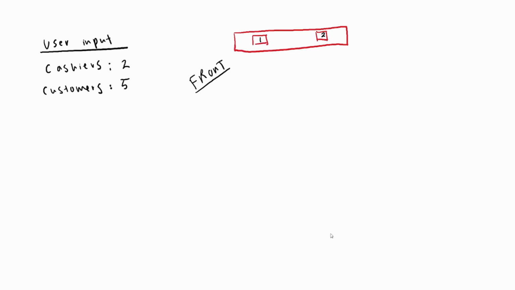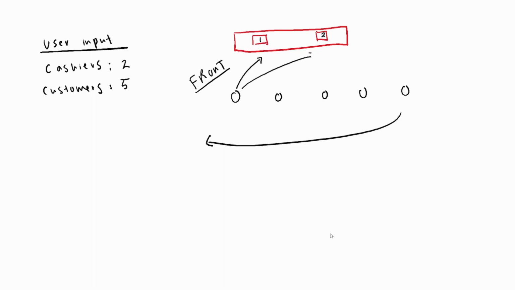And our customers will line up like this. The line is going to flow this way. Once they get to the front of the line, they will be able to go to any cashier. This person can go to cashier number 1 or number 2. An important thing to think about while coding out this project is it's going to take different amounts of time for a customer to walk to a cash register that is closer to them as opposed to one that is further from them.